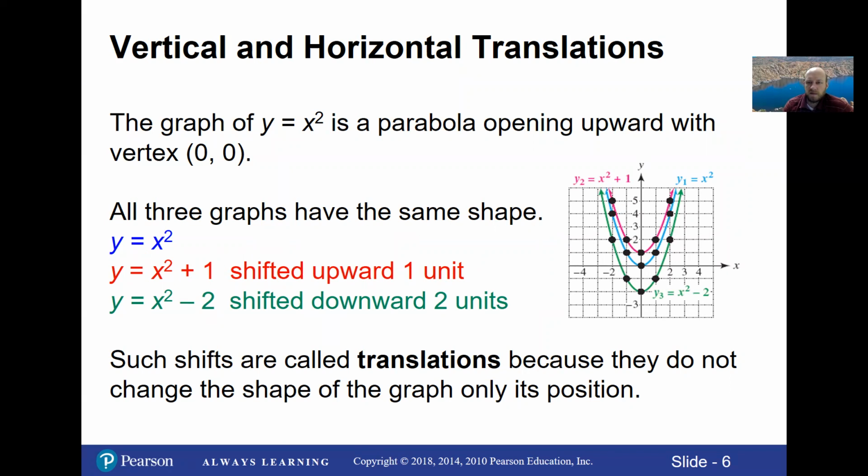This red graph, x squared plus 1, has all its plotted points shifted up 1. If it's x squared minus something, in this case minus 2, all the points are shifted downward 2 units, like the green graph compared to the blue graph. We call those shifts translations because they don't change the shape of the graph, only its position.